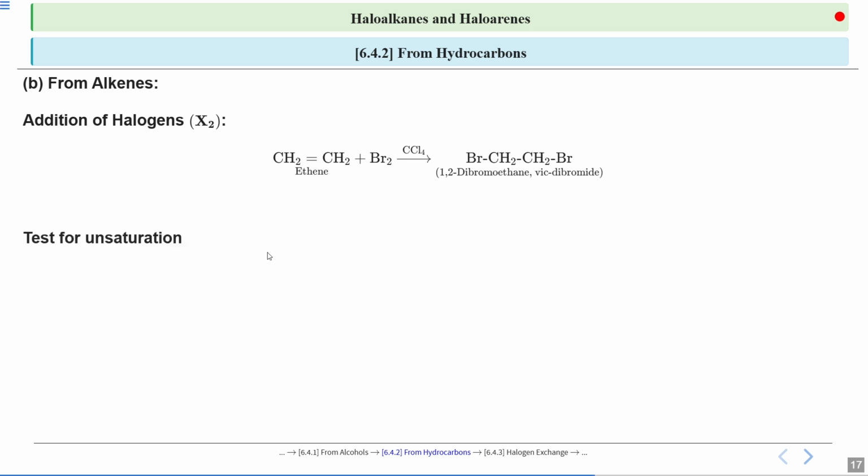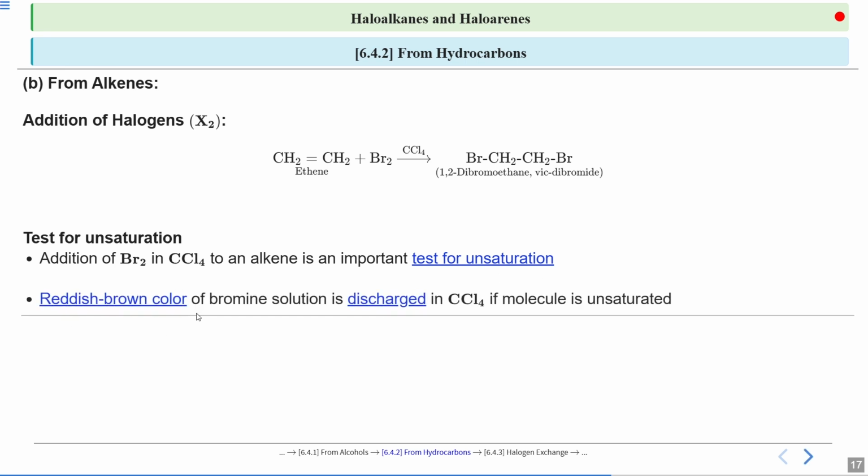Test for unsaturation. The addition of bromine in the presence of CCl4 to an alkene is an important test for the unsaturation of the reactant. Bromine solution is actually a reddish brown color, which is going to be discharged in CCl4 if the molecule is unsaturated.